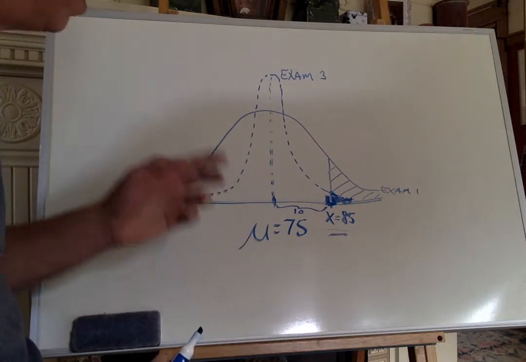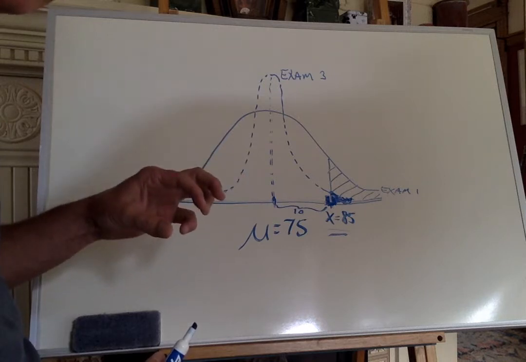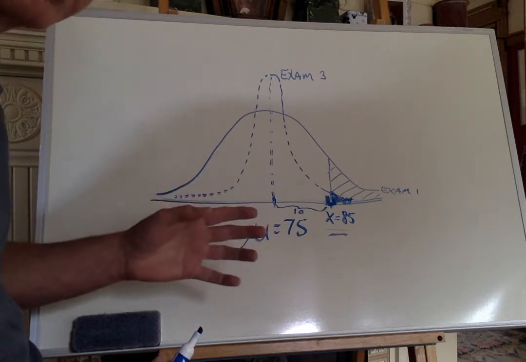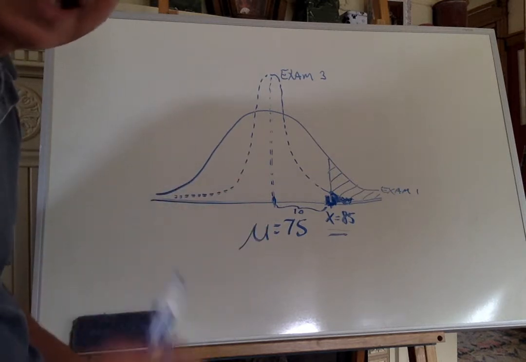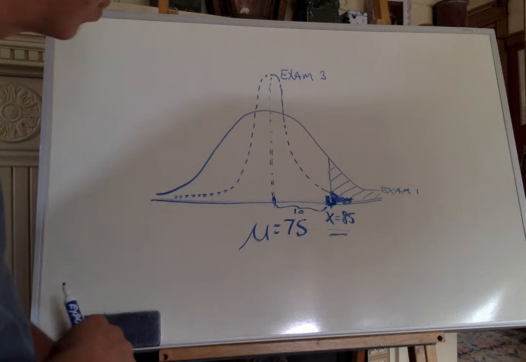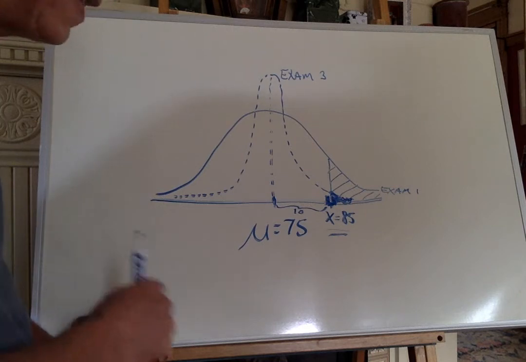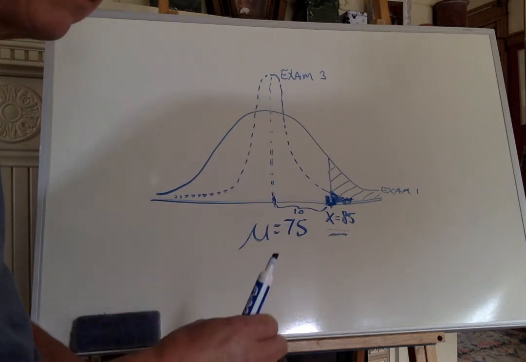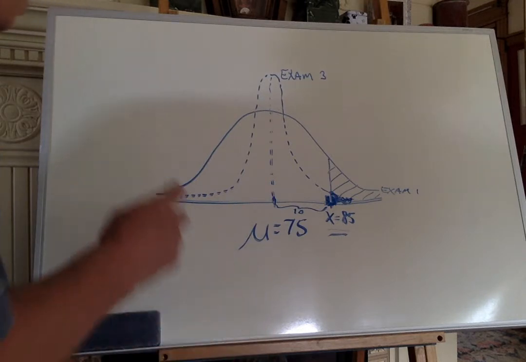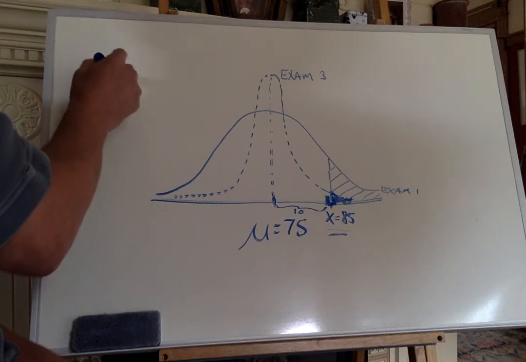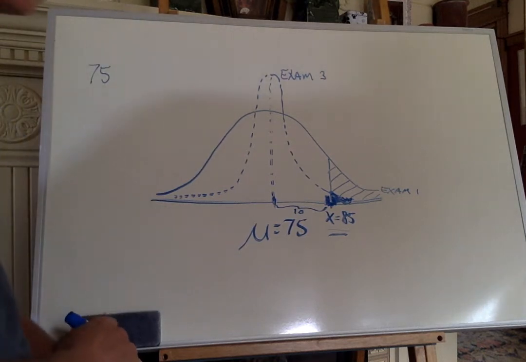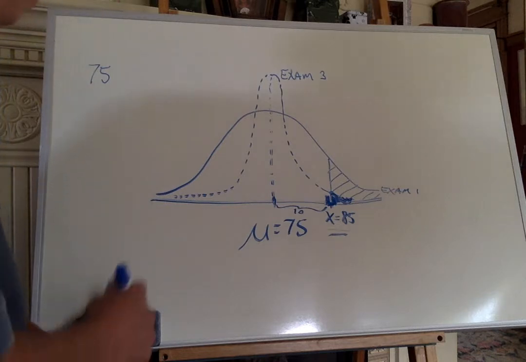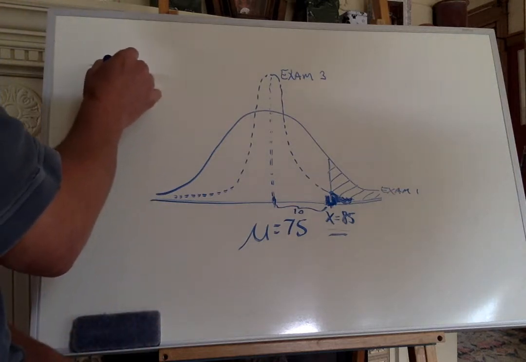Okay? Let's think about it a different way, because in order to understand the information in the rest of the semester, you really need to have this concept down pat. When I say the average for a distribution is 75, but we have a standard deviation of 10, well, that means my numbers might look something like this.